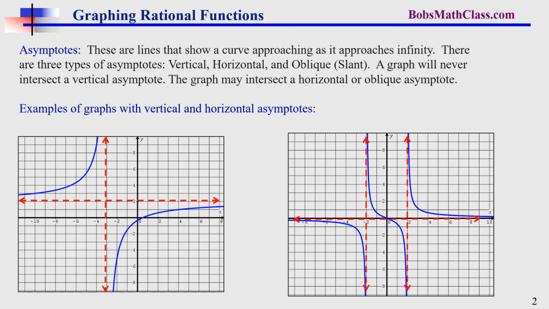Another word for oblique is slant. So if you're looking for other videos, you might just type in slant asymptotes or oblique asymptotes. One of the things is a graph will never intersect a vertical asymptote. However, it may intersect a horizontal or oblique asymptote.